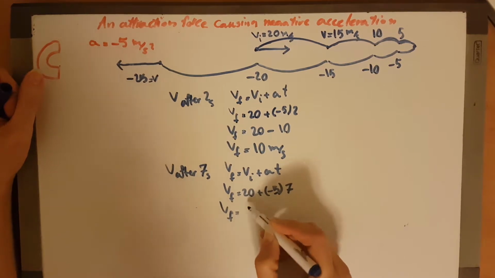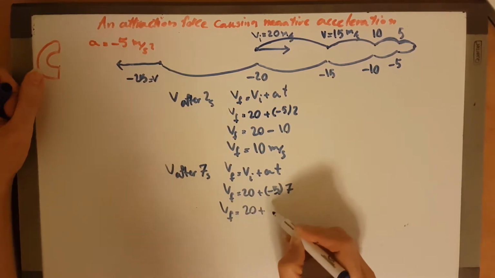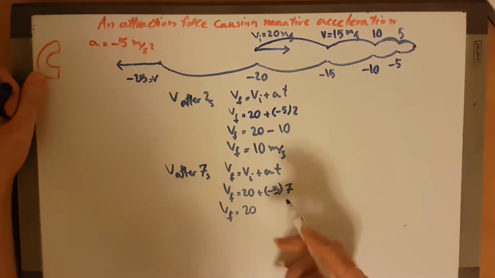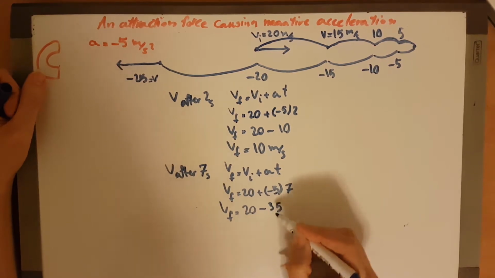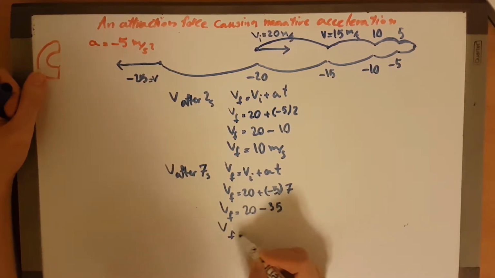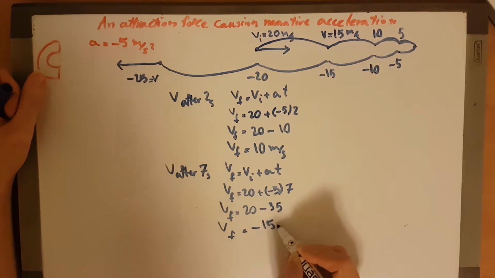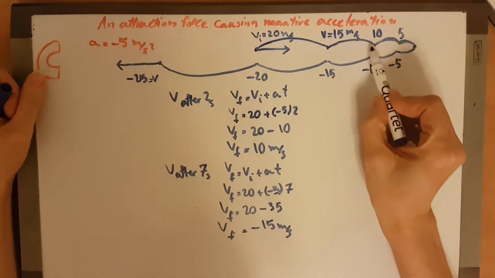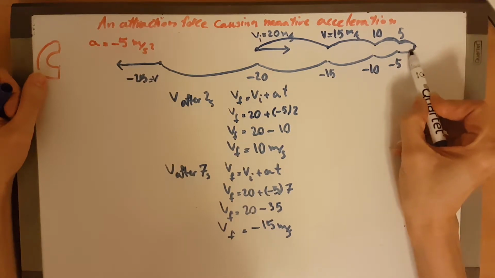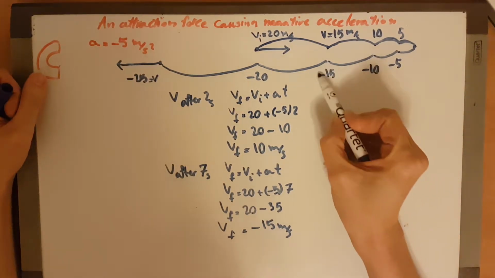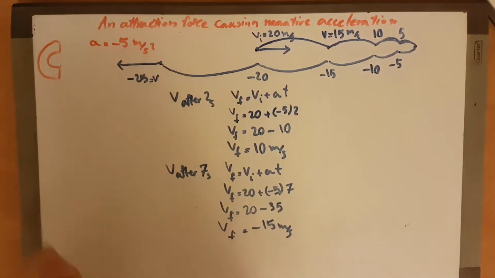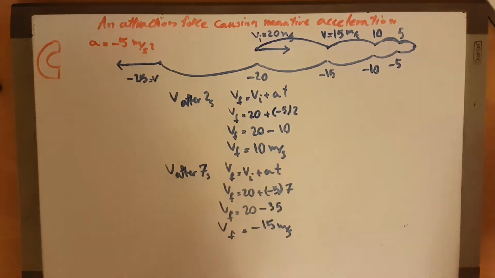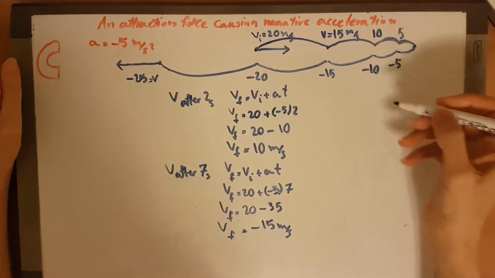V final equals 20 minus 35. So the V final would be negative 15 meters per second. Let's see. 1, 2, 3, 4, 5, 6, 7. Yes, it's negative 15. So my formulas are correct, of course, and we are just analyzing them.